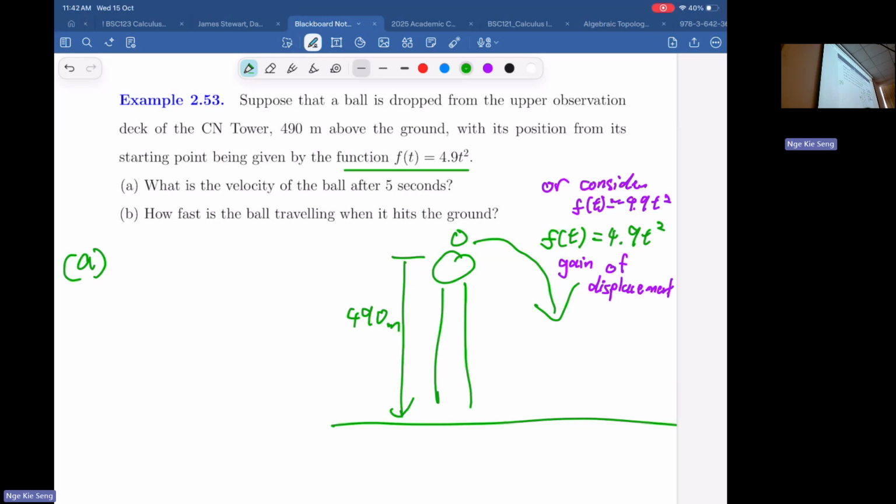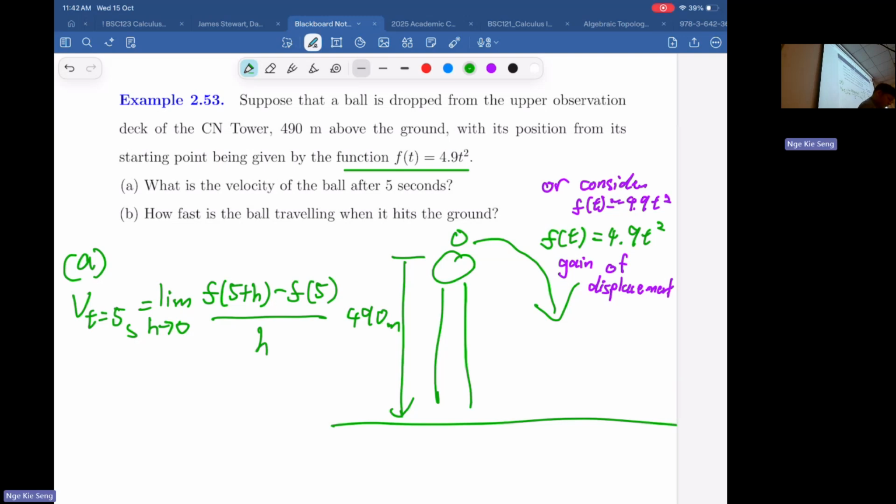So what we're going to do is find v at t equals 5 seconds. In particular, what we're going to compute is the limit as h goes to 0 of f(5 plus h) minus f(5) over h.